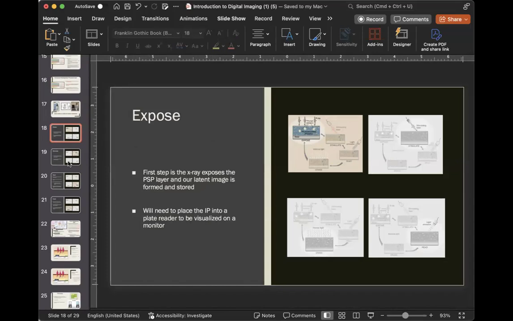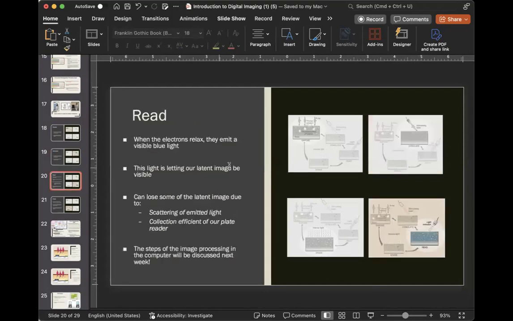We will then place the plate in the processor, and we will see the imaging plate get exposed by an infrared laser light. Okay, it's going to be stimulated. That laser will relax all the electrons held within that phosphor layer. Once the electrons are relaxed, they emit a visible blue light.